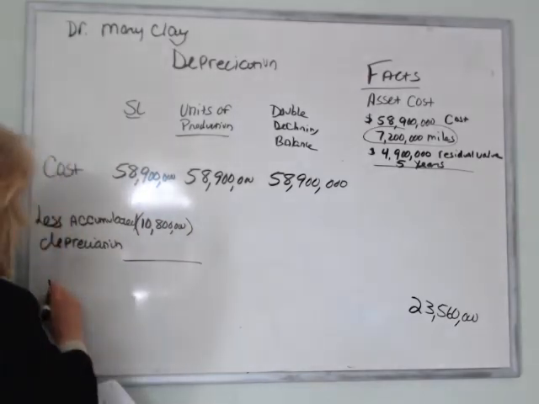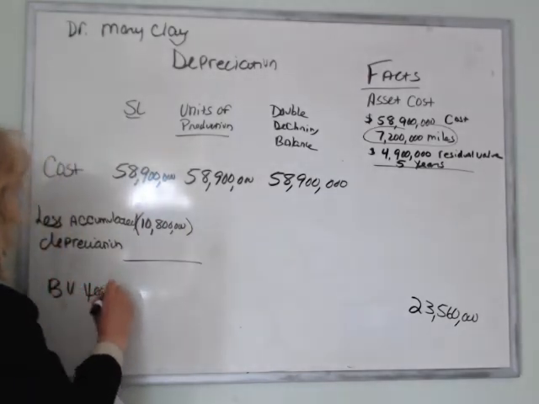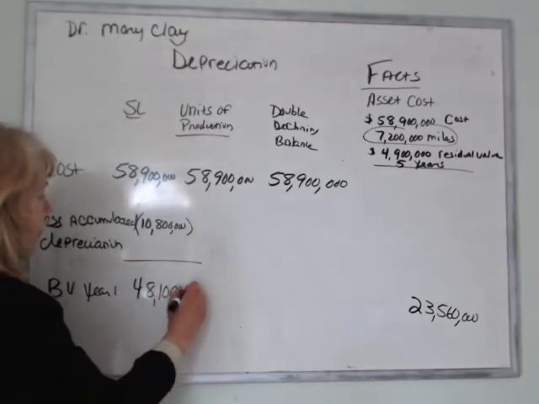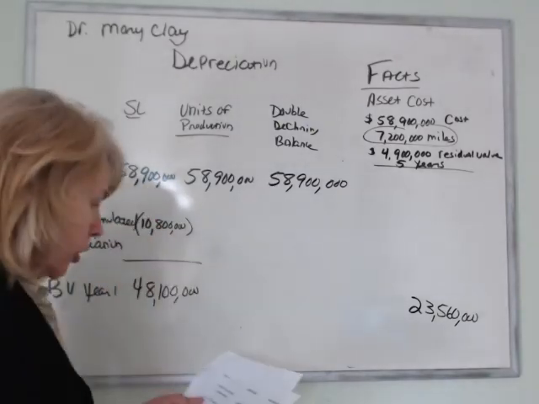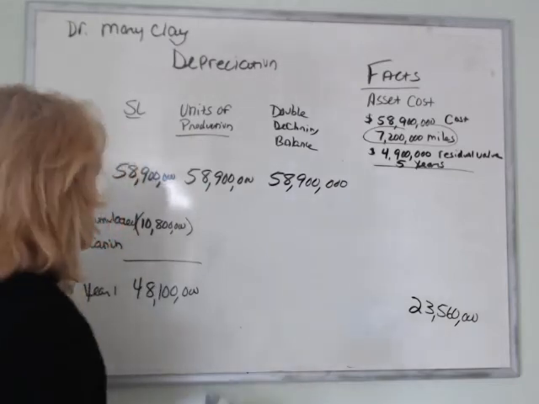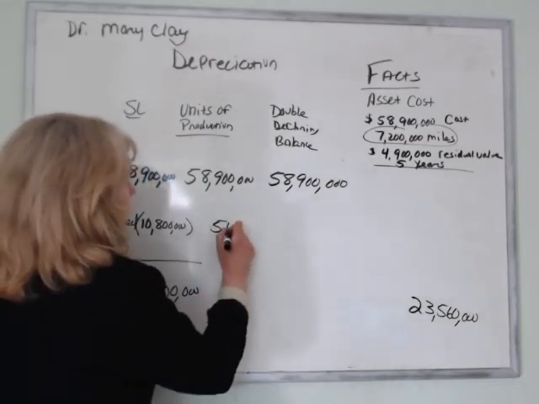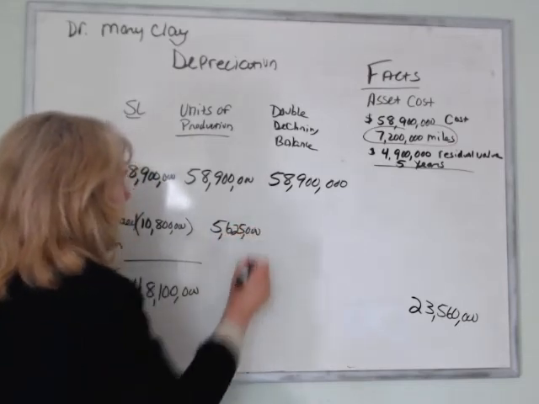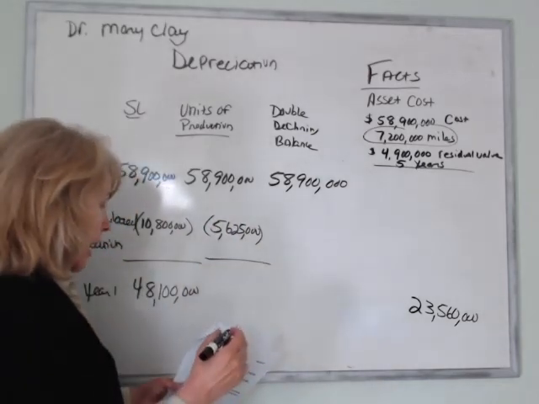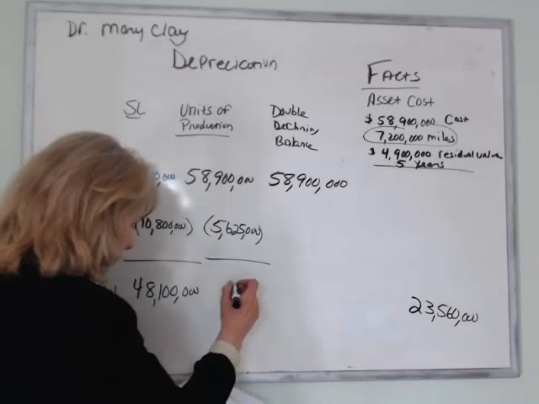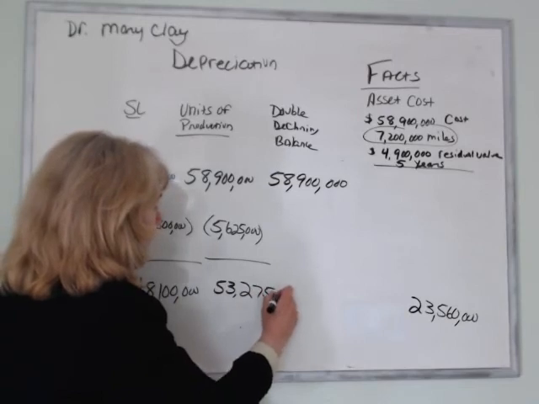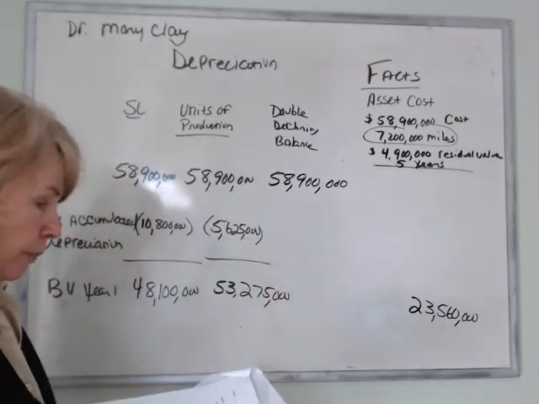So my book value, BV year 1, is 48,100,000 for straight line. Units of production, okay, we figured 5 million. They obviously didn't fly the plane that much that year. 5,625,000. Okay, and that will be 53,275,000. Okay, so that's units of production.